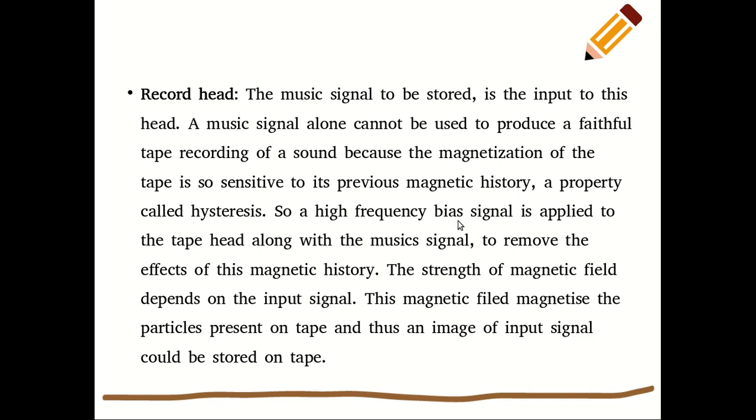This bias signal is applied in order to counter the previous magnetic history, what we call the hysteresis property of the magnetic particles present on the tape. In this way, it is the record head that imprints the information about audio signals on the recording tape.